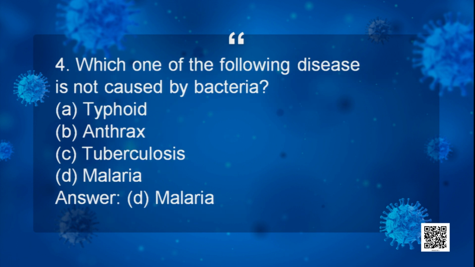Which one of the following diseases is not caused by bacteria? Typhoid, anthrax, tuberculosis, malaria. You must know the causal organisms here. Typhoid, anthrax and tuberculosis are caused by bacteria, and malaria is caused by the protozoan Plasmodium. So definitely the answer is D, malaria.